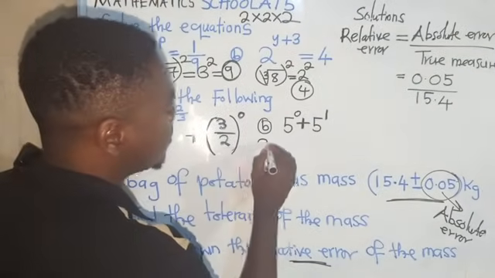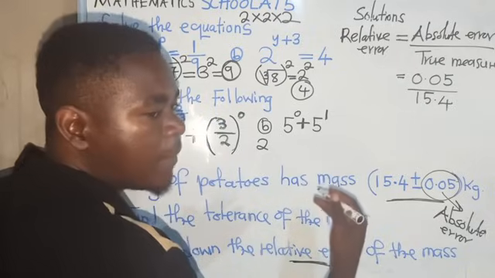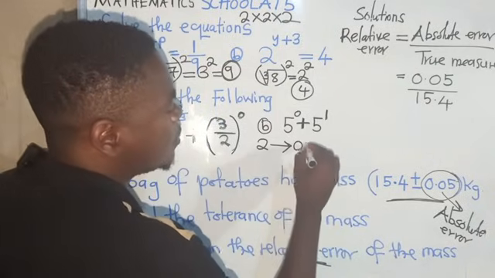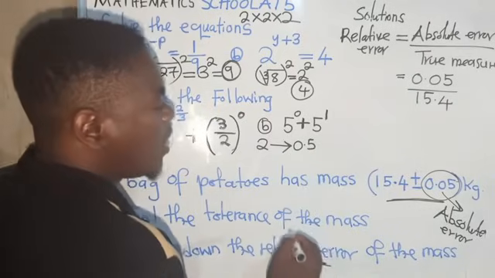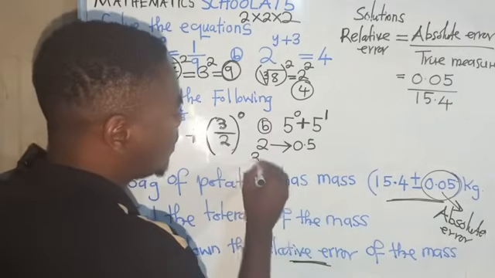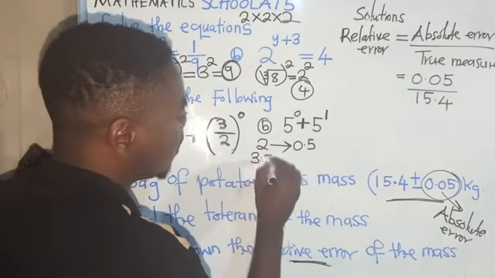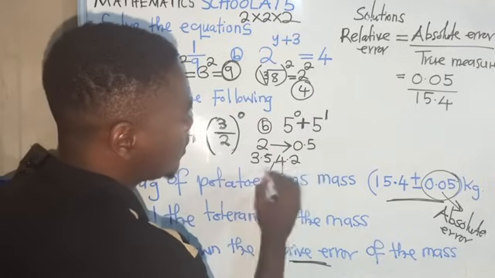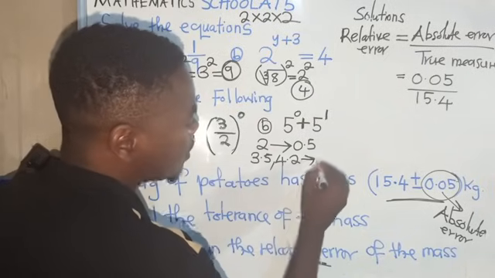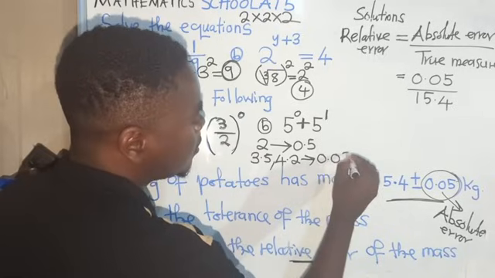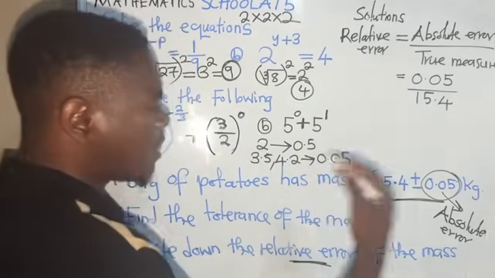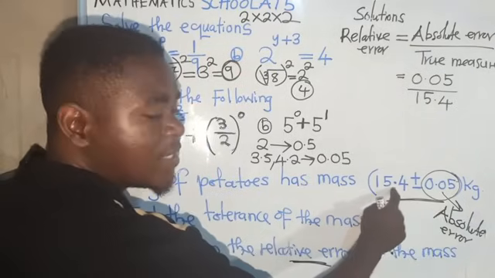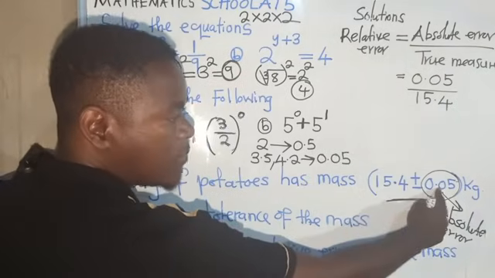If the number is just a whole number like 2, the absolute error for that number is 0.5. If a number is having one decimal place, like 3.5 or 4.2, all these numbers, their absolute error is 0.05. So this is how I knew. This one is having one decimal point. Have you seen the absolute error?